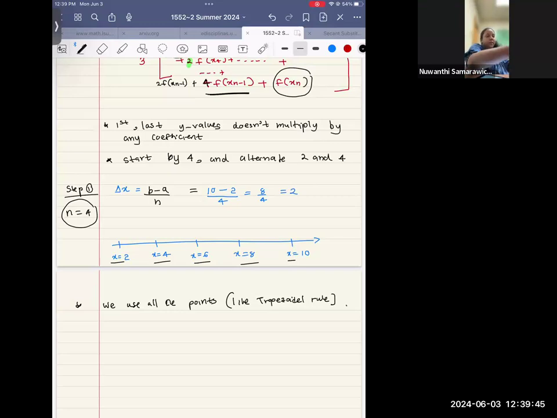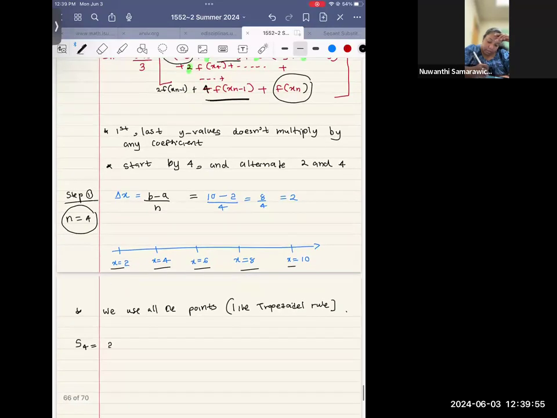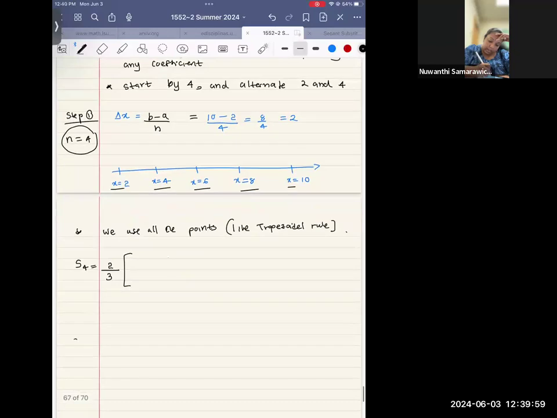Okay, so can you find the S4 by using the formula? So delta x is 2 over 3. Here f(x) is x cubed. That means whenever you input x, the output is x cubed.